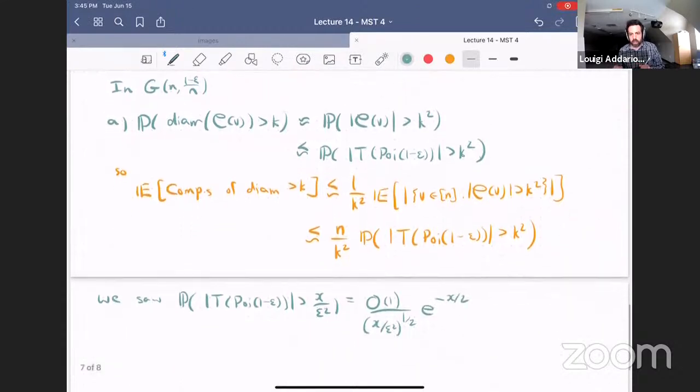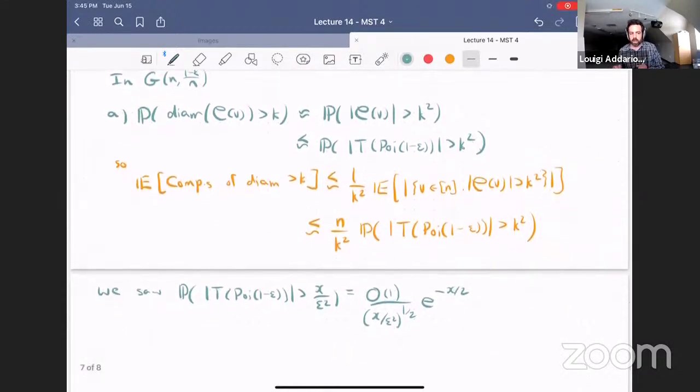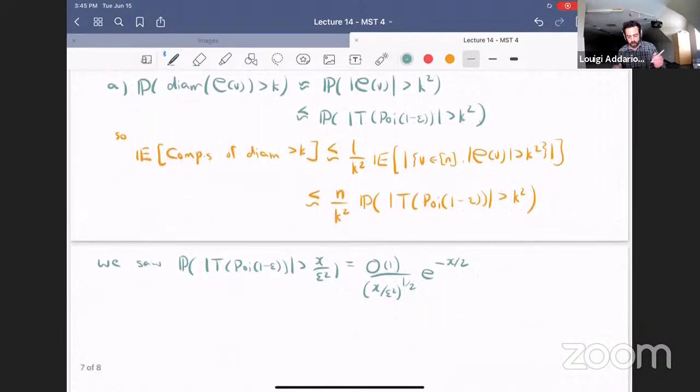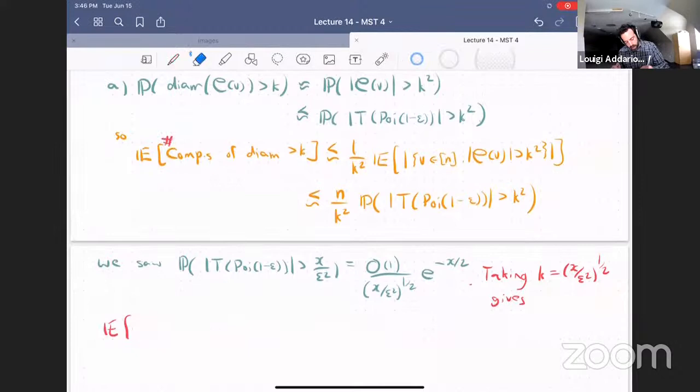Okay, just using Stirling's formula basically, and then approximating the sum by a Riemann integral. And so then if we take k to be this (x over epsilon squared) to the half, then this tells us that the expected number of components, there should be a number in there, the expected number of components of diameter bigger than x over epsilon squared.